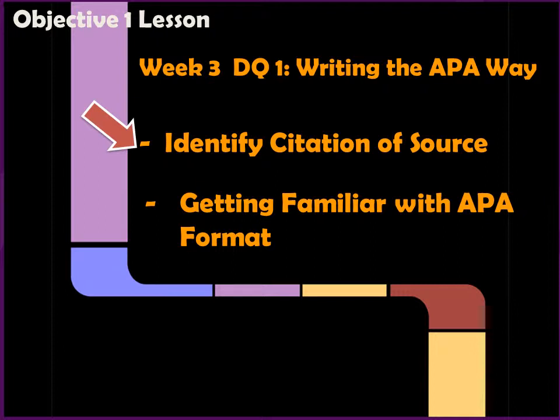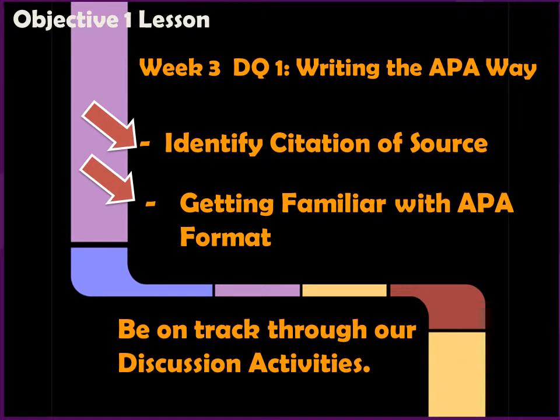You will also try to get familiar with the APA format, and you try to accomplish your assignment by writing your thesis statement and main points in the APA template that I will also attach in the DQ. Do not be overwhelmed. It's simple. The task of writing your thesis and main points in the template is very easy, and then that template will become your working draft or working document.